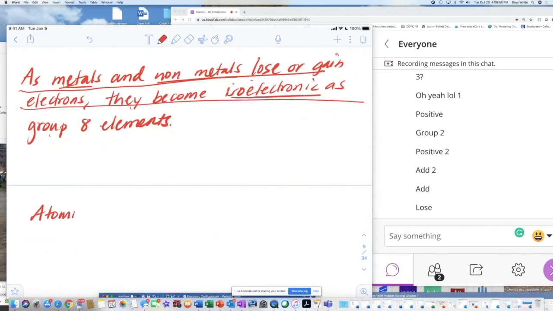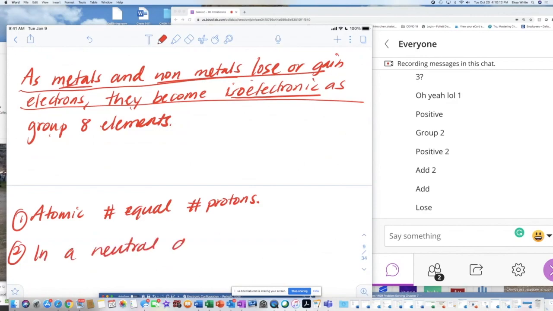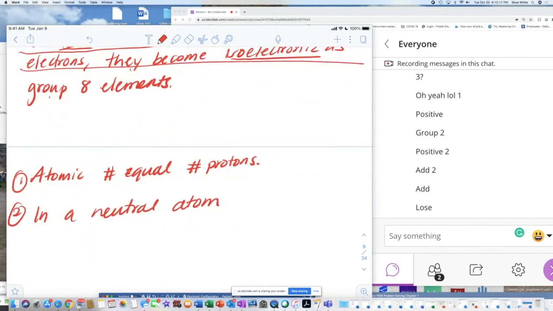Atomic number equals number of protons. Number 2, in a neutral atom, this means there's no charge, number of protons equals number of electrons.